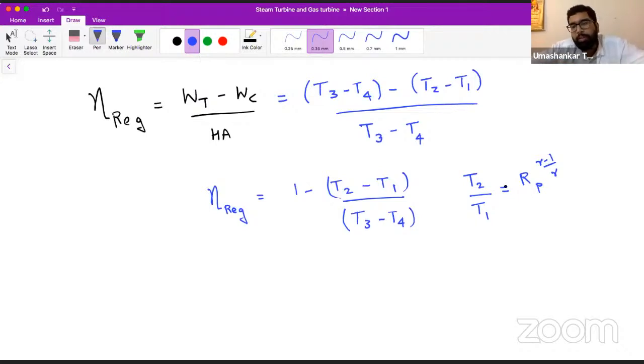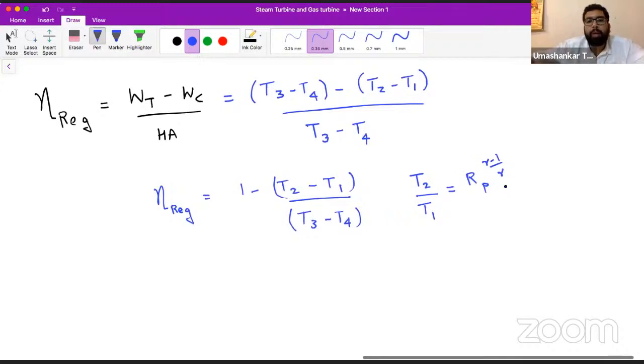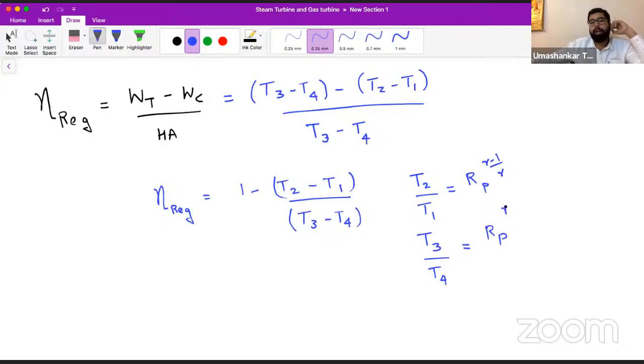So T2 by T1 will be Rp to power gamma minus 1 by gamma. Also T3 by T4 will be equal to Rp to the power gamma minus 1 by gamma.